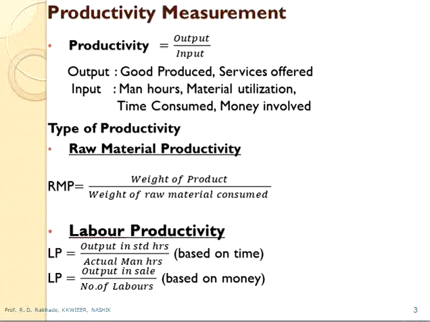Then in terms of labor productivity, it is on the basis of time and on the basis of money. Labor productivity on the basis of time is output in standard time or standard hours to the actual man hours. In terms of money, it is output in sales to the number of laborers required, or in terms of wages.